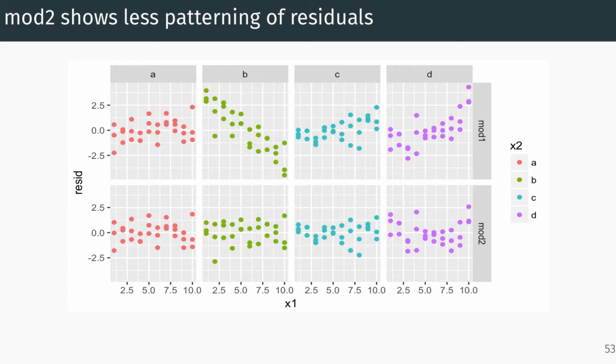And so now the question of which model is better is easier to determine because we see a very strong pattern in B, and we see a very strong pattern in D. And there's no patterns here. These all look pretty random to me. And the authors suggest that this model is better. It's captured more of the variability in the data.